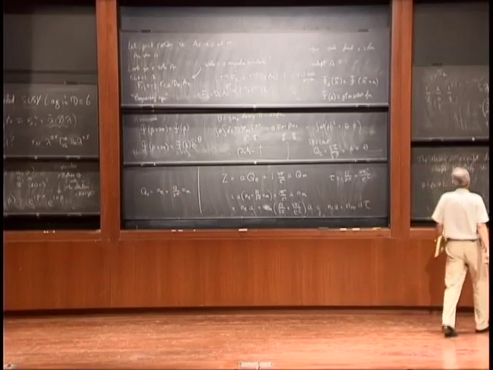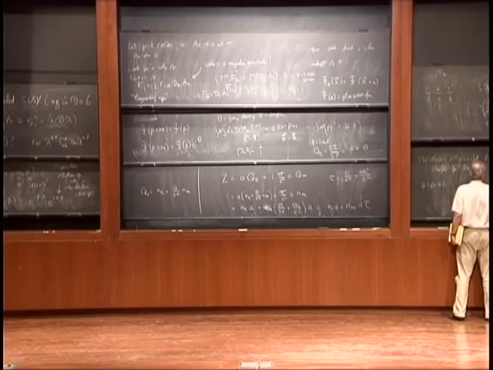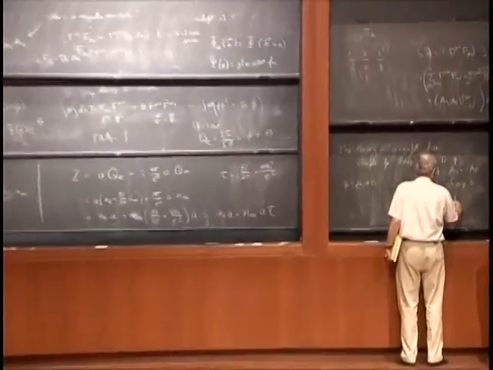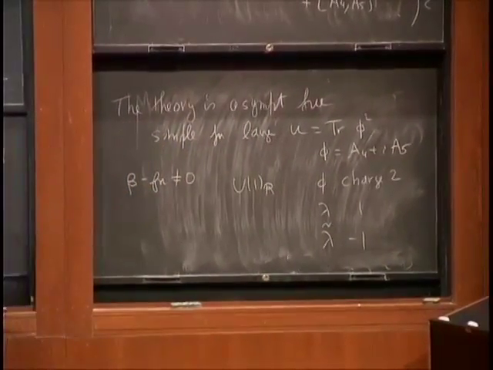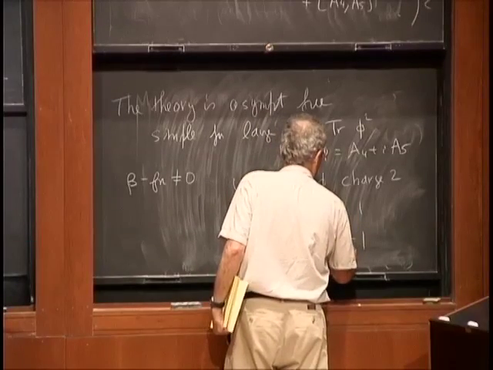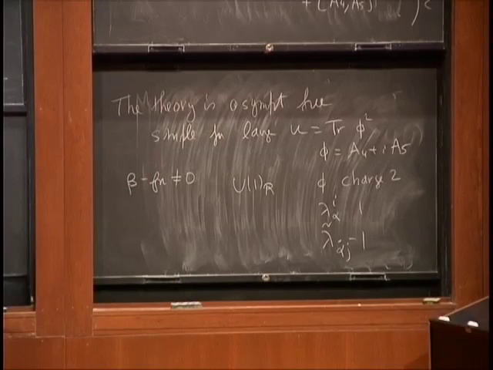So we had this nice U(1)R symmetry where phi has charge 2, lambda has charge 1, and lambda tilde had charge -1. That's in the four-dimensional notation where I distinguish the four-dimensional chirality. It's a classical symmetry, but it actually has a quantum anomaly.